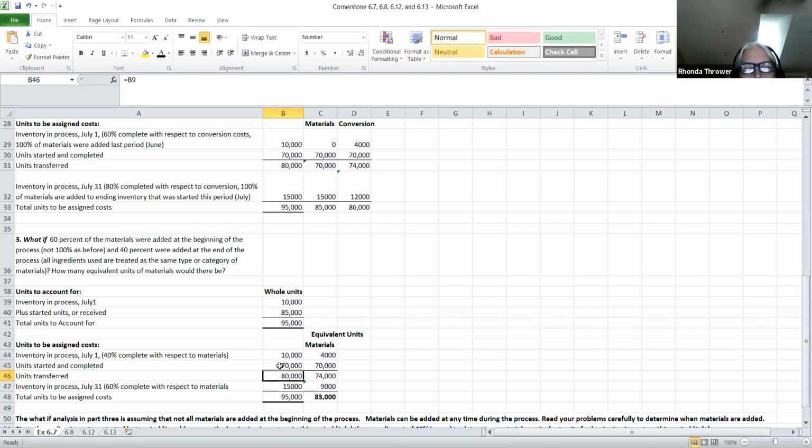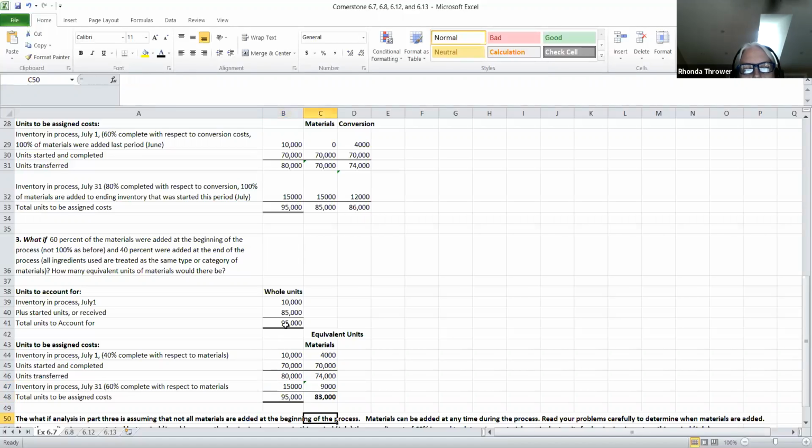That was a given. So the units started and completed has to be 70,000. The difference between 80,000 and 10,000 is 70,000. They gave us the 15,000 ending inventory whole units. So the ending inventory whole units plus the units transferred is the total units to assign cost.